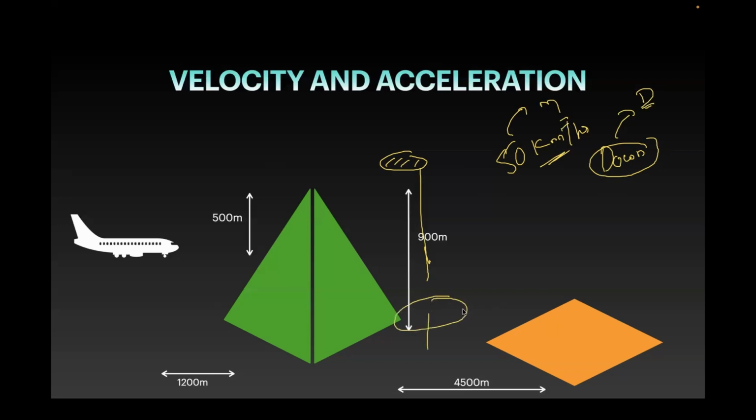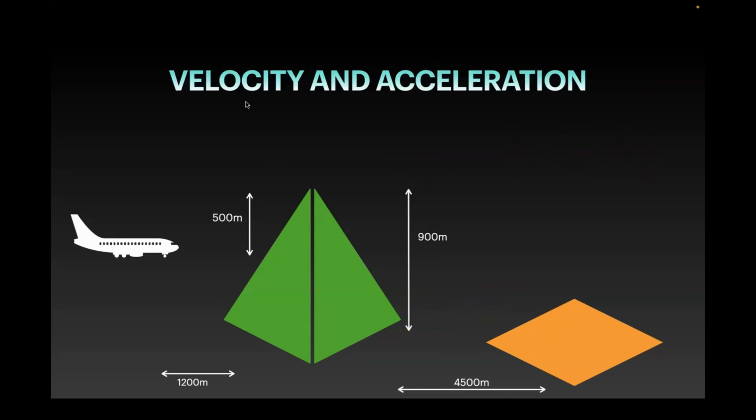Now you came here. Now you tell it to move forward and decrease the speed further to 2 kilometer per hour. Again, forward, 2 kilometer per hour. It has both magnitude as well as direction. Clear? I think you understood why velocity and acceleration are vectors.